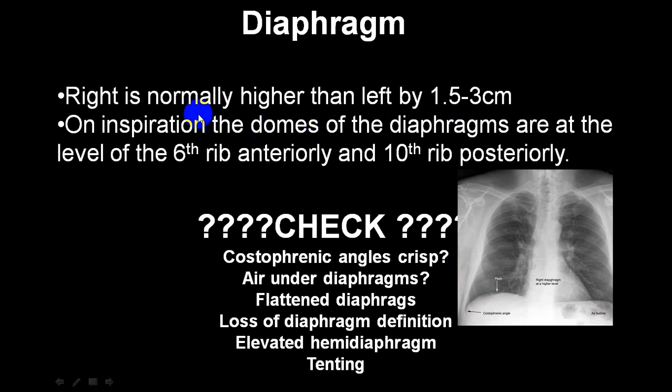So we always look at the right dome of diaphragm which is higher by at least 1 to 3 centimeter than the left side. We call it one space or two space. And on inspiration, we calculate the anterior rib ends, 6th rib, and posterior up to 10th rib. Look at the costophrenic angle. Look for air under the diaphragm.